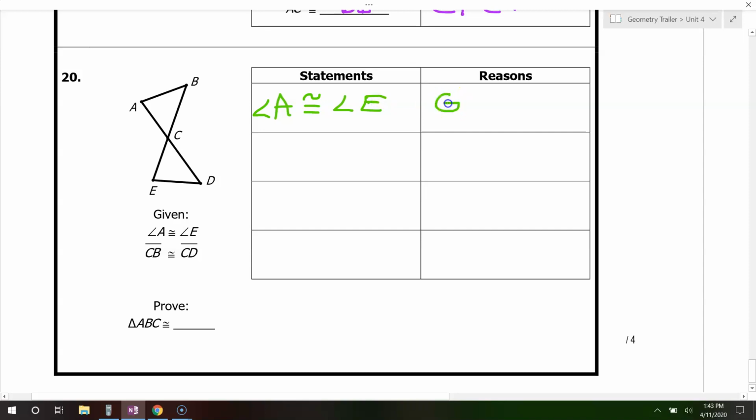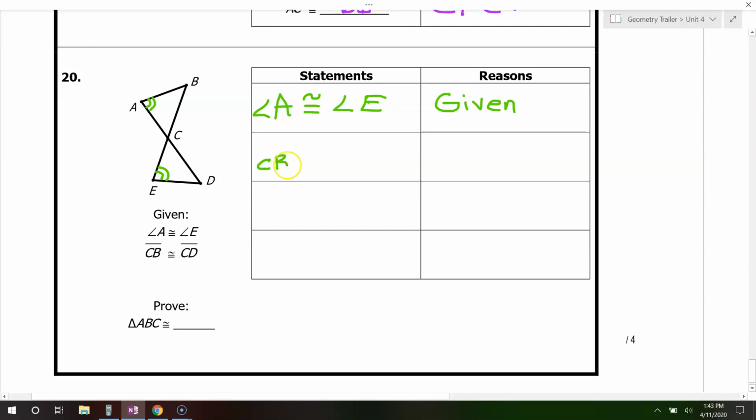And of course, the reason is given. And let's mark that. So angle A is congruent to angle E. Okay, segment CB is congruent to segment CD.